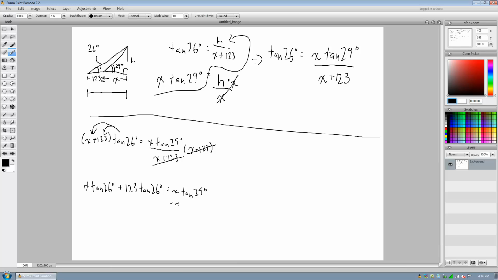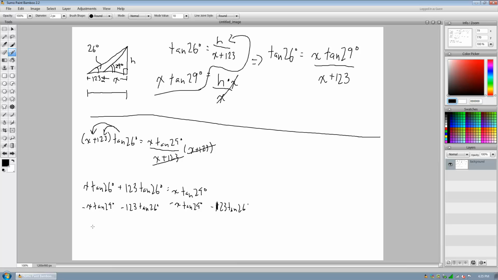I'm going to subtract x times the tangent of 29 degrees from both sides. And I'm also going to subtract 123 times the tangent of 26 from both sides. Whoops, 123, there we go.